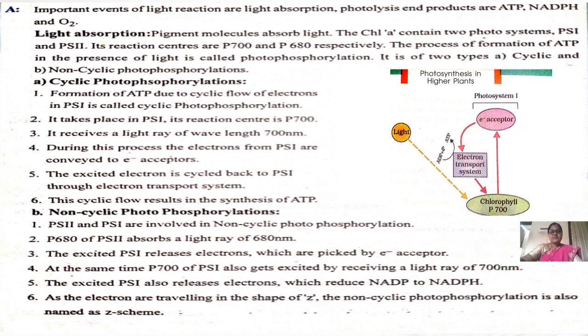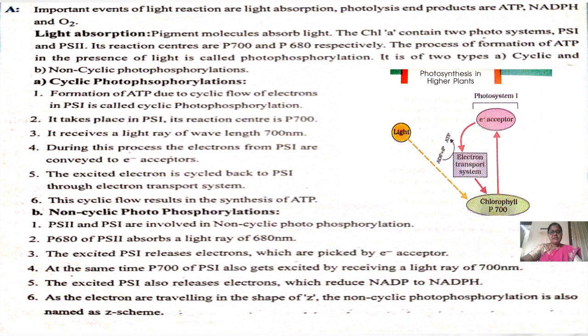And the next one is the non-cyclic photophosphorylation. It takes place in photosystem 2, which has the reaction center P680, with a wavelength of 680 nanometers.